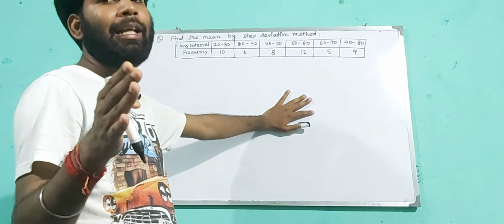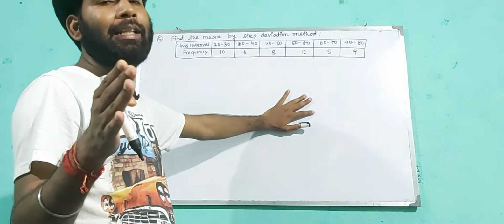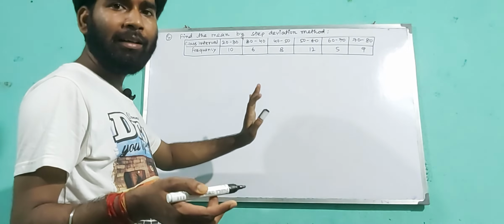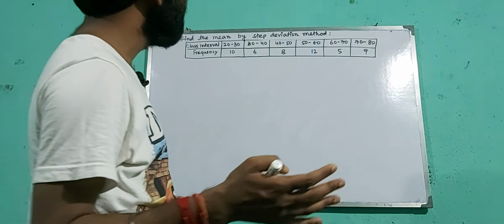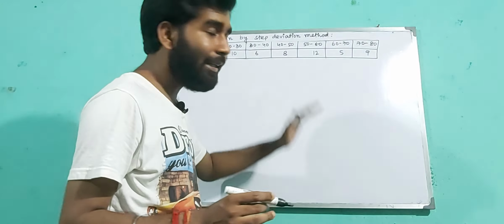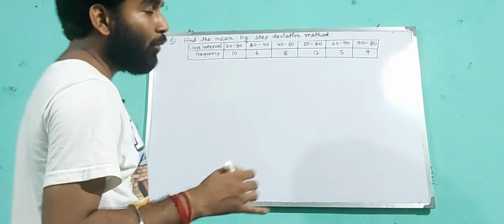Those who have just come into class 10 now can see it, no problem. I don't know whether it is there in the 23 examination or not, but this video I am making only for ICSE students this year. Step deviation method, here in this case you have to make one table more.